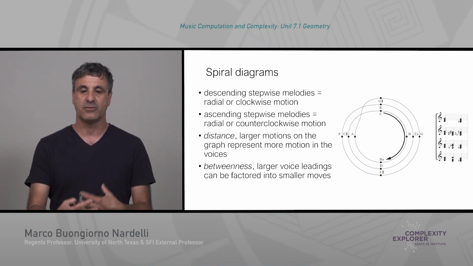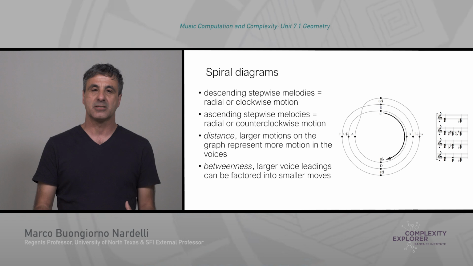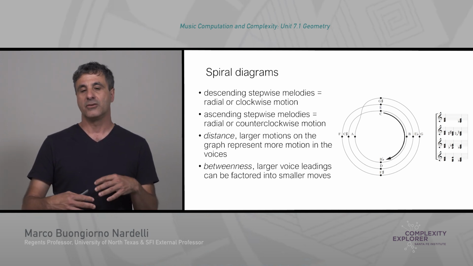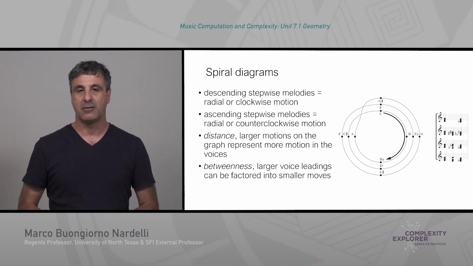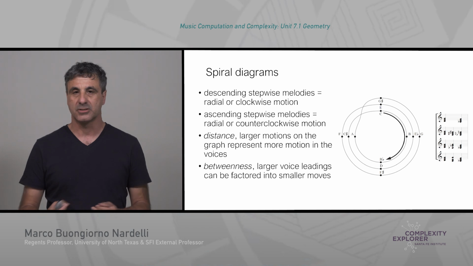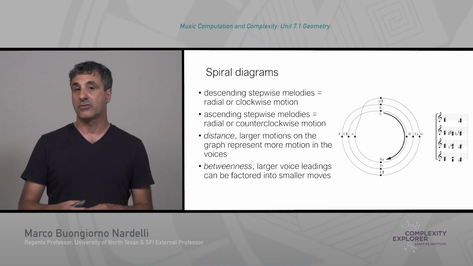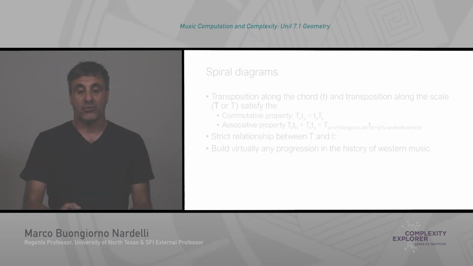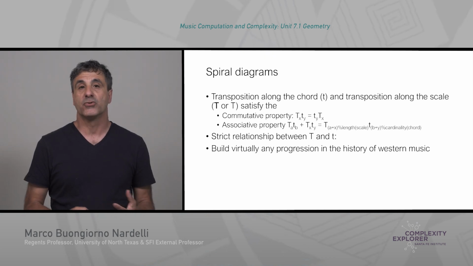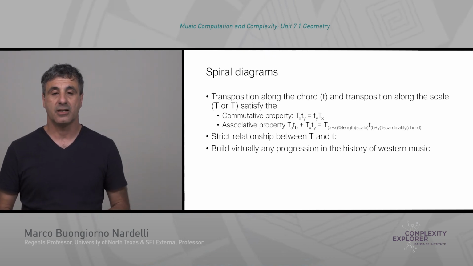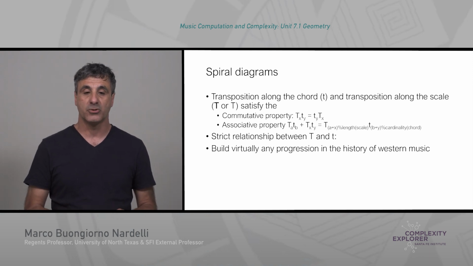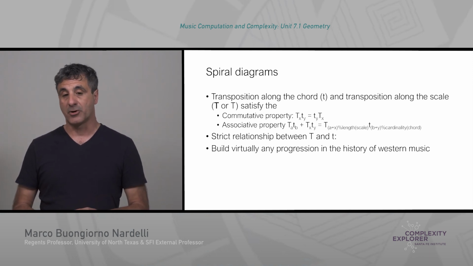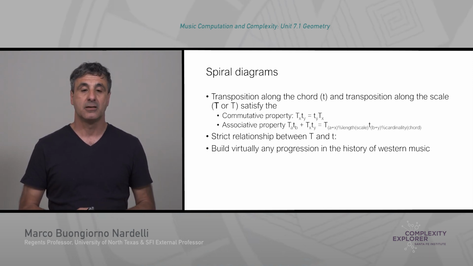And so this is a graphical representation of how this combination of double transpositions on the chord and along the scale gives rise to particular chord progressions. This is possible because the transpositions both along the chord and along the scale satisfy both the commutative property and the associative property, mathematically speaking.